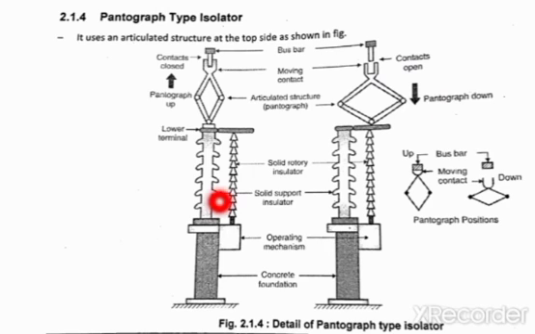While closing the contact, the pantograph arms come in contact with each other, and there is an upward movement of the pantograph. So there is a closing contact between them. This is how this type of isolator works. The pantograph type isolator is used for high voltages up to 400 kV and above.